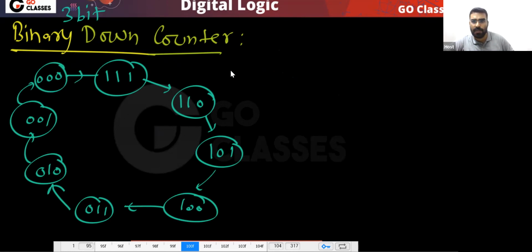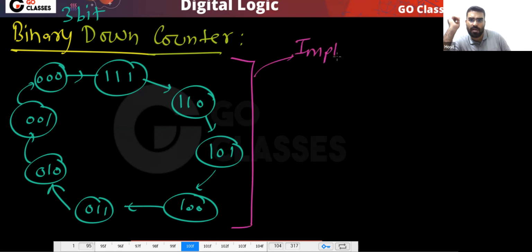Please understand this sequence is the binary down counter. And what are the implementations? How can we implement this?